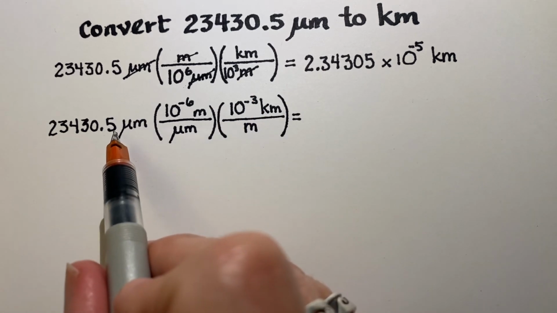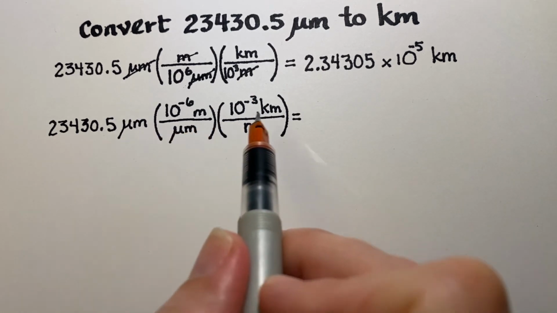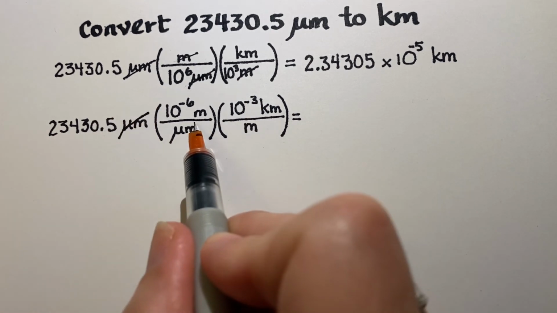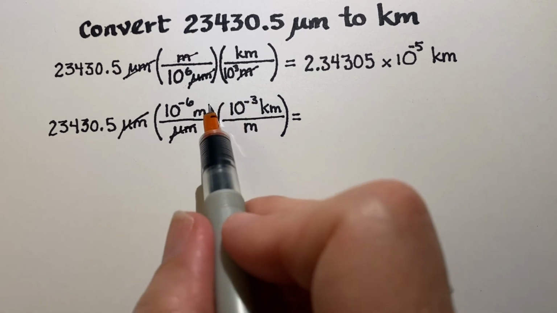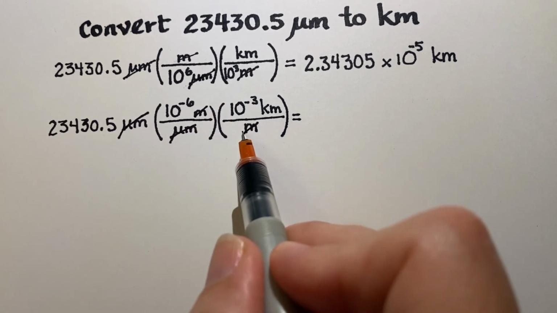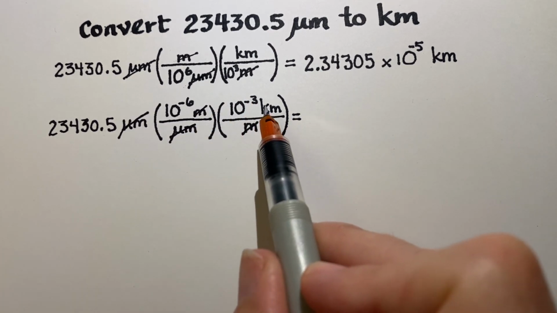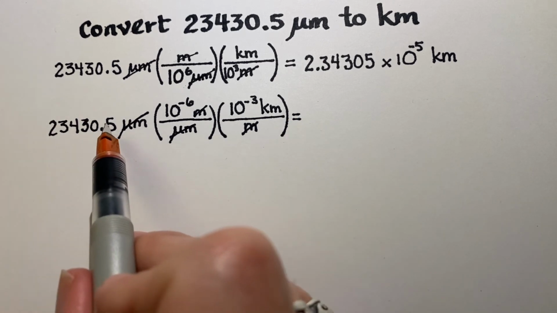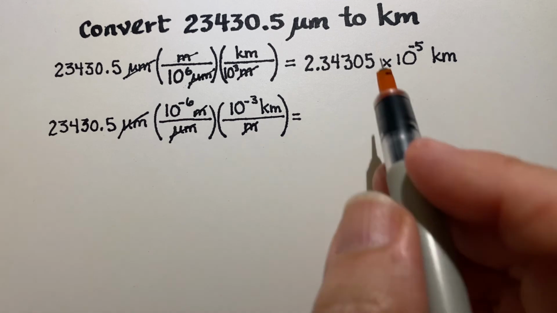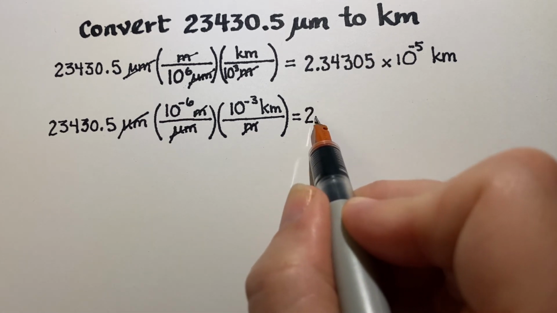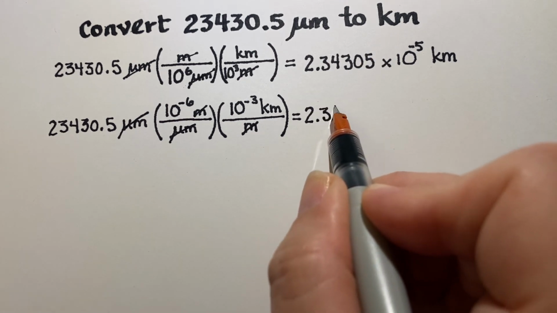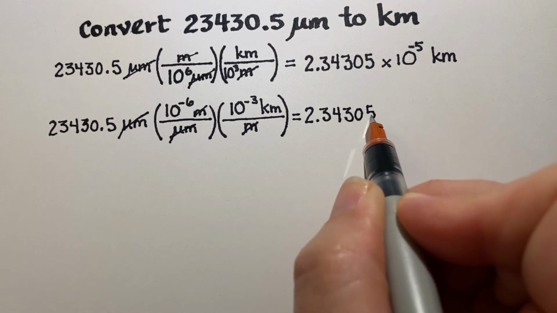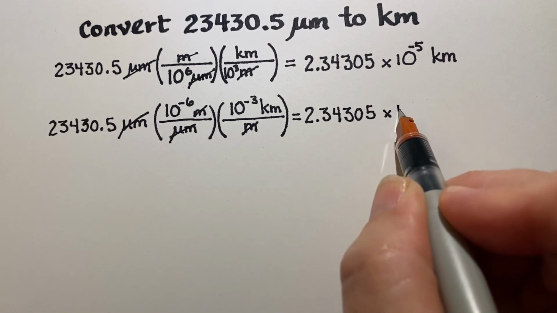And when you carry out this calculation, your micrometers cancel out, your meters cancel out. It'll leave you with kilometers. And when you multiply this all through, you will get the exact same result.